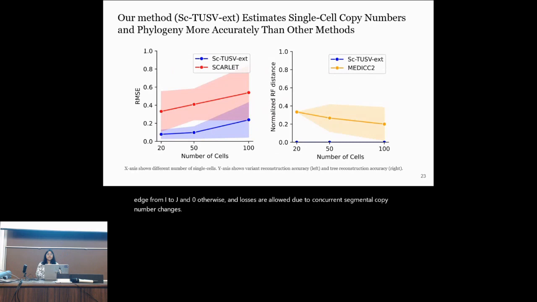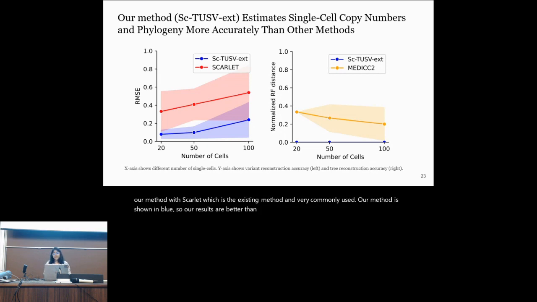So we applied the method to different simulation data sets. These are some of the results of our simulation data. In the x-axis, we have different numbers of cells from 20 to 100, and in the y-axis on the left, we have root mean squared error of estimated versus true copy numbers. We compare our method with Scarlet, which is an existing and very commonly used method. Our method is shown in blue. So our results are better than Scarlet's.